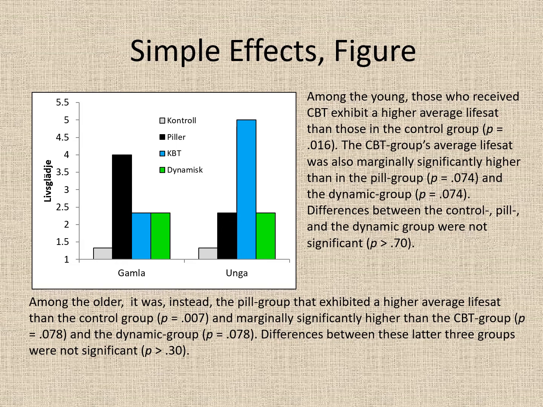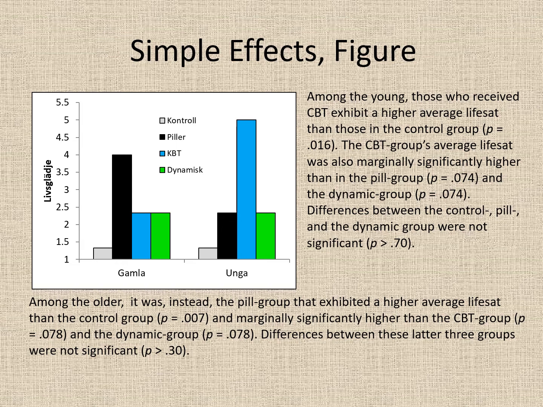So we want to come up with some kind of rule. If you get younger patients, give them this treatment. If you have older patients, give them this treatment. Therefore, it seems more rational to look at the effect of whatever you can manipulate for different levels of whatever you can't manipulate, rather than the other way around. Because we can't take people in and say, you get cognitive therapy, well, then I decide that you will be a young patient.